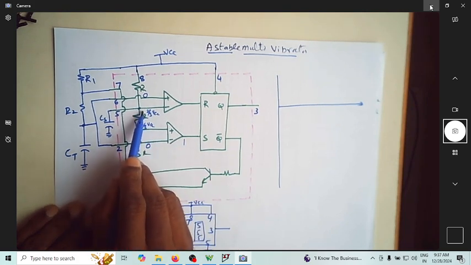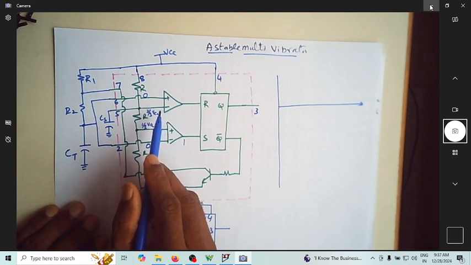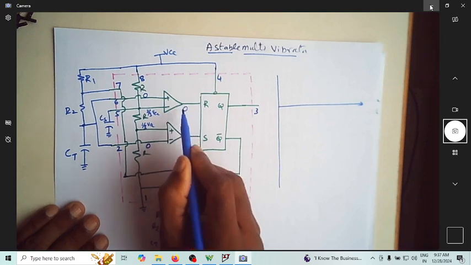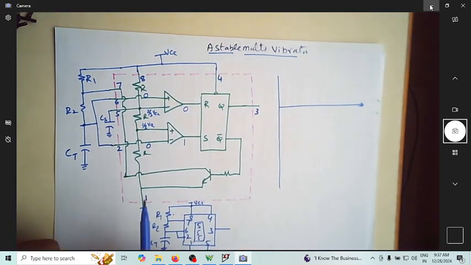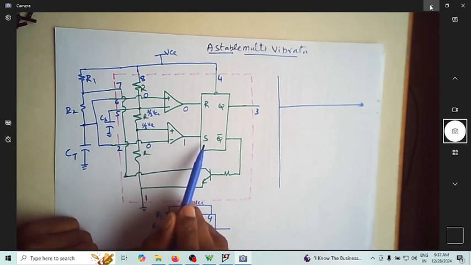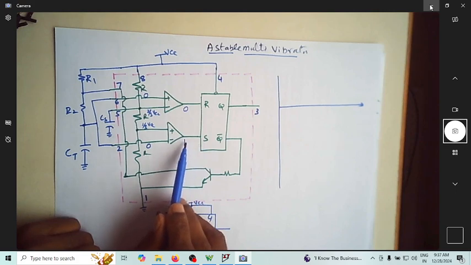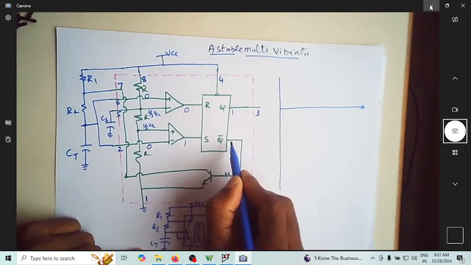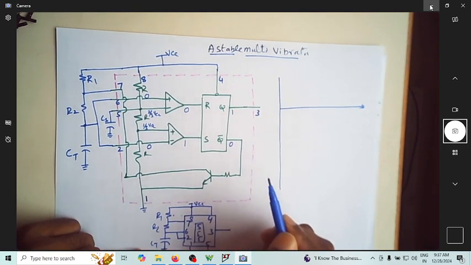And since you have 2/3 VCC, which is more than 0, this is 0, correct? So the flip-flop is now set, and you have this output as 1 and this output as 0.